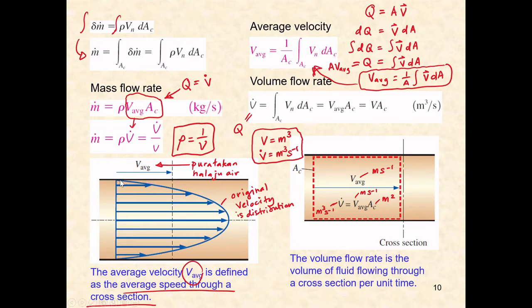This happens because there is an attraction between the fluid and the internal surface of the pipe. The attraction between the fluid and the pipe surface causes the molecules or atoms of the fluid to stick to the wall. The molecules or atoms of the fluid that stick to the wall do not move.